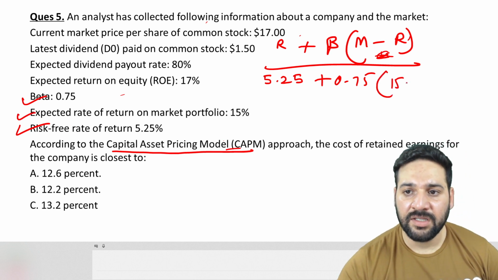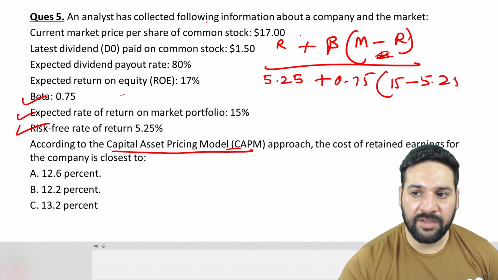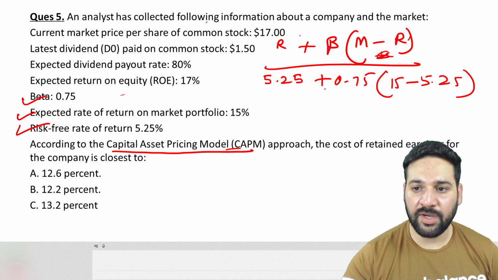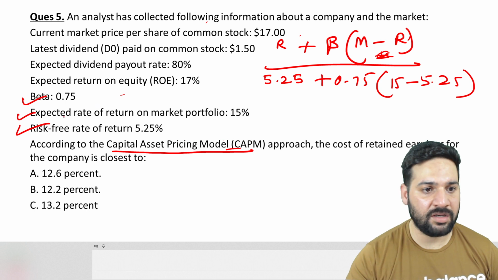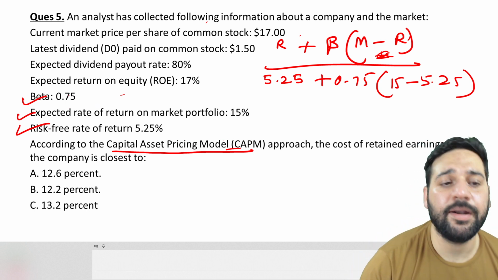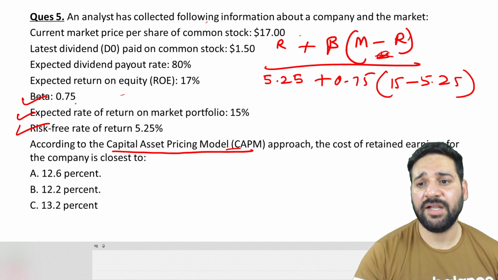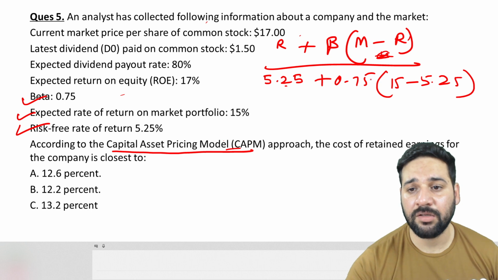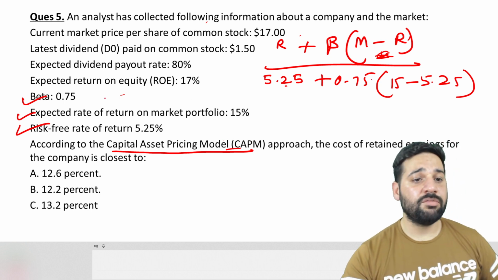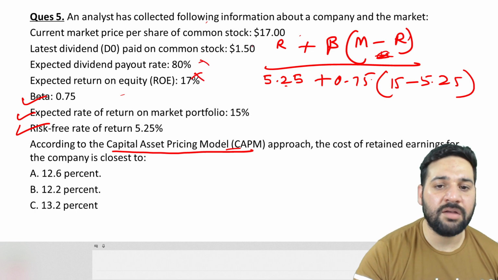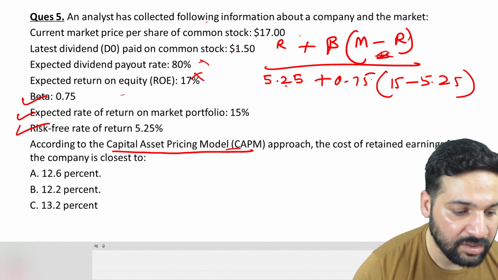So what you can notice is that we used only these three data points. The rest of the data is actually not required at all. We are using nothing else.